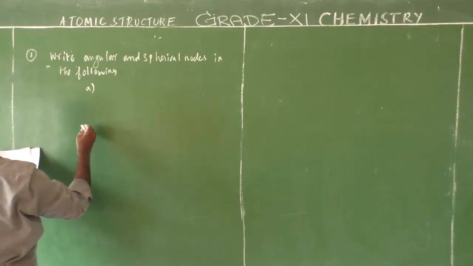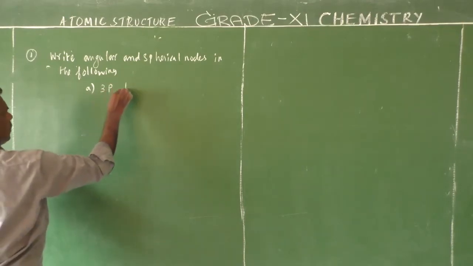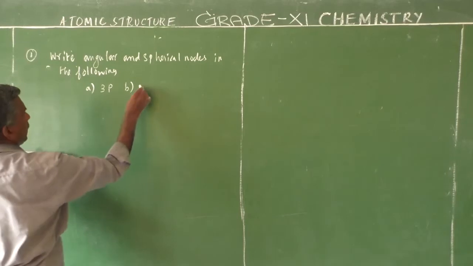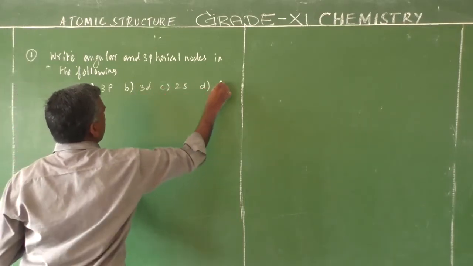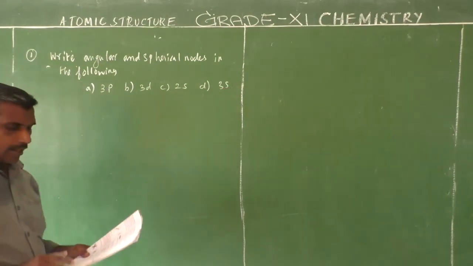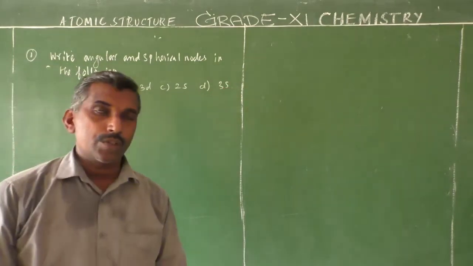Question A: 3p orbital. Question B: 3d orbital. Question C: 2s orbital. Question D: 3s orbital.